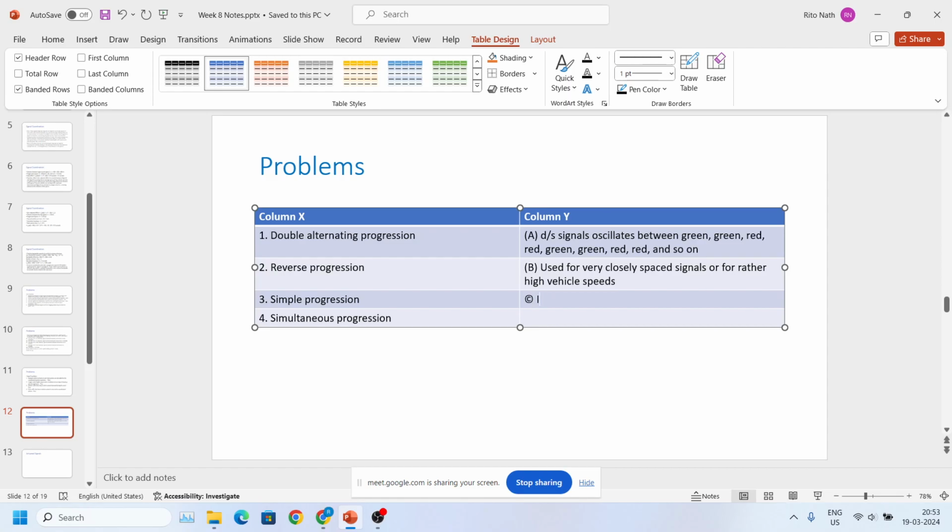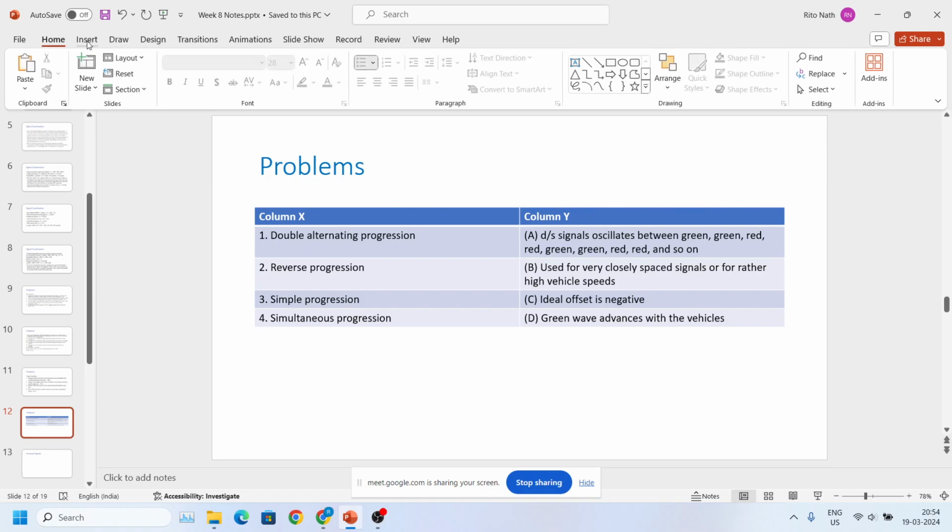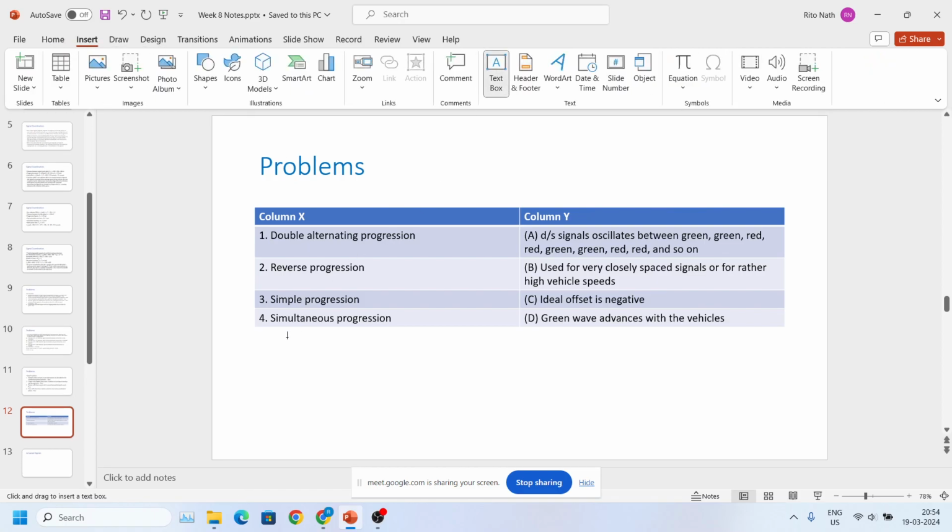And the offset is negative, and D is green wave advances with the vehicles. Okay, so what would be the answers to this?